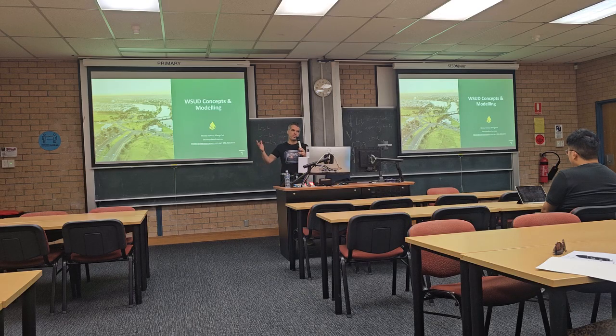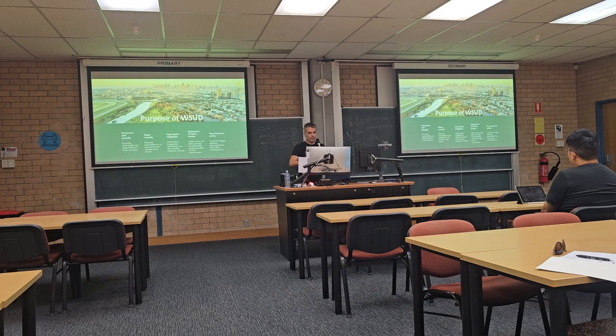If you have a really big rainwater tank, it's going to cost you lots of money, and then maybe you're not going to get that much water from it. So there's a performance curve and a cost curve. The purpose of water sensitive urban design, as I discussed, I'm going to freestyle a little bit, and the slides will support what I'm saying.